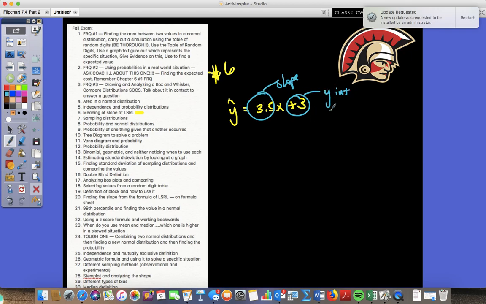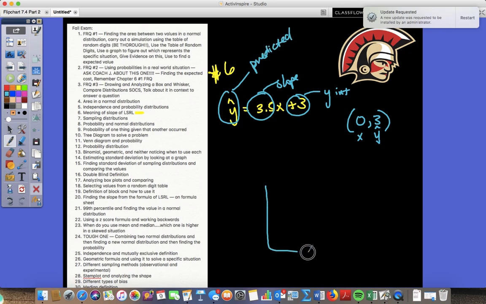The y-intercept, if you remember from algebra, has a point of (0, 3), which means that if x is 0, whatever the context of that is, like if my height is 0, then we could predict that y hat would be 3, because y hat means predicted value.